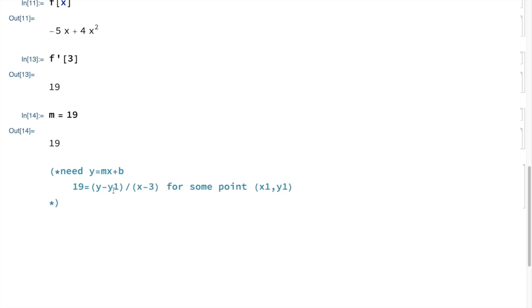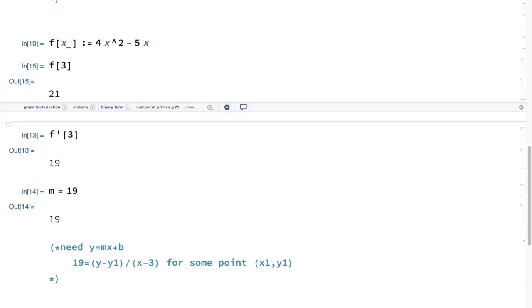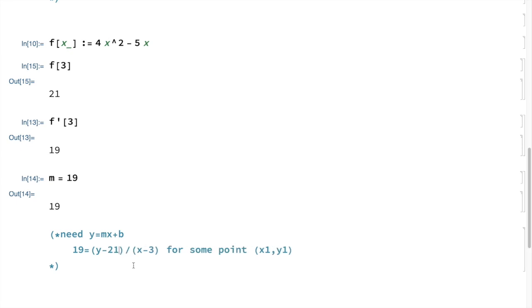And what is the corresponding y value? Well, I need to actually plug 3 into this. So this should be minus 5 times 3, which is minus 15, plus 4 times 3 squared. 3 squared is 9. 9 times 4 is 36. So 36 minus 15 should give you 21. So my y value is now going to be equal to 21.